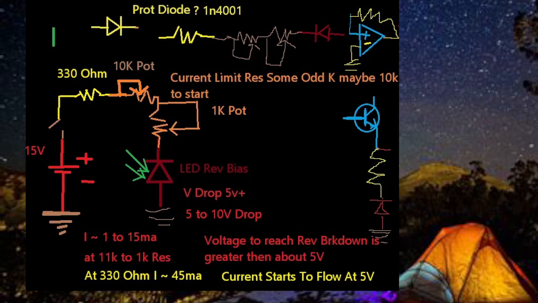So the topic of discussion is doing things the hard way, which is typical of my life. But what are you gonna do? Okay, so we've got this picture. We have an LED. Now normally LEDs are operated in the forward bias mode.